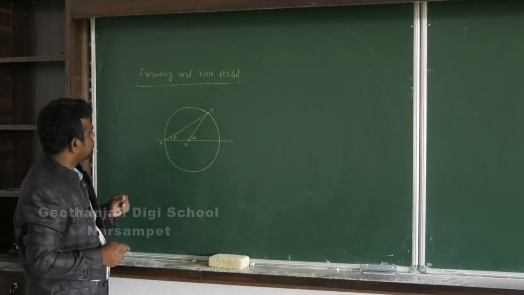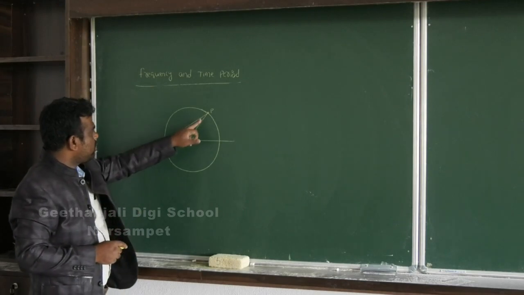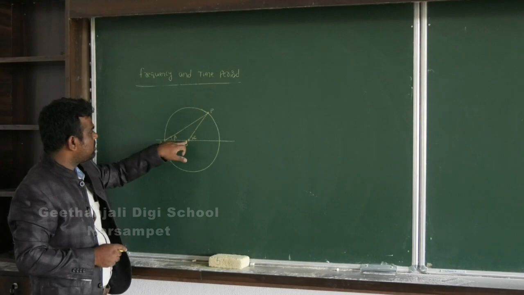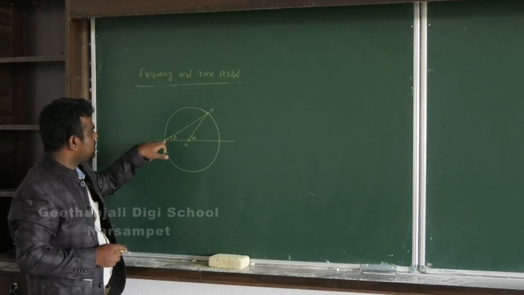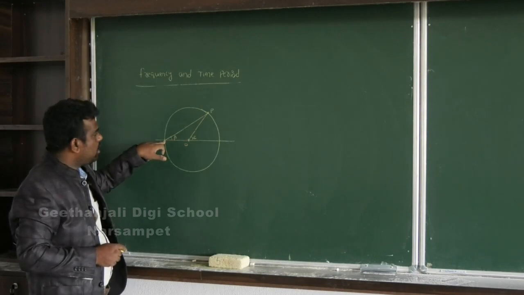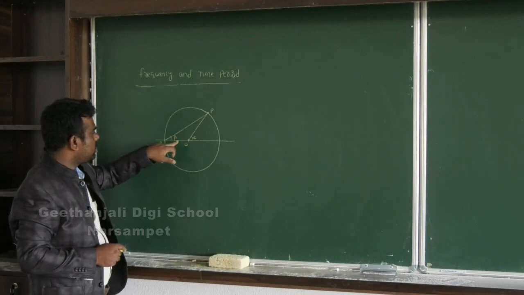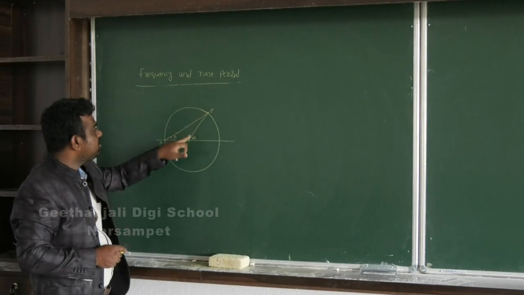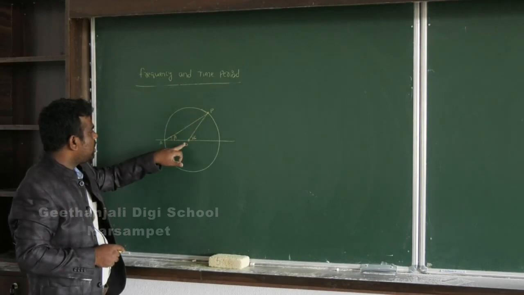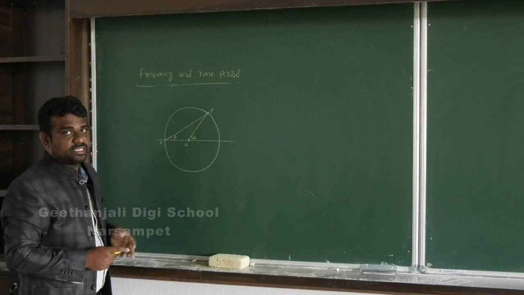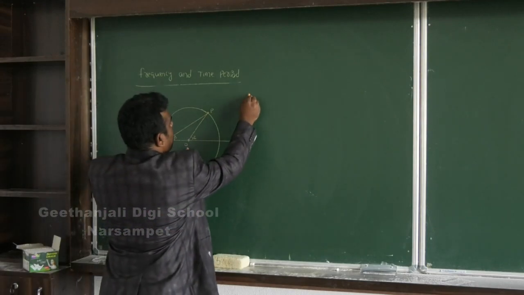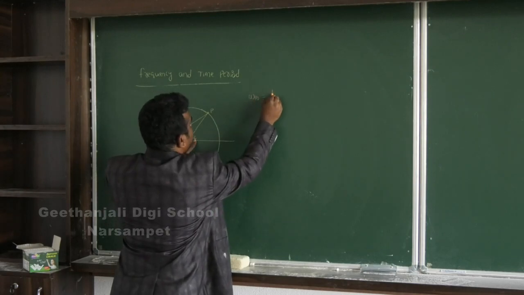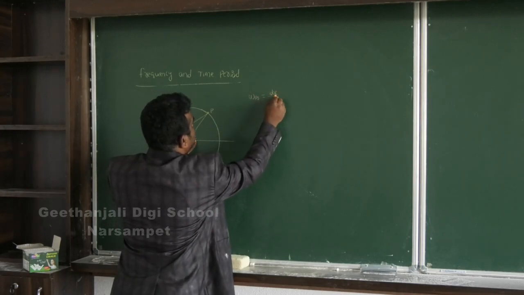I told you one thing. The angular velocity of this particle depends upon the choice of origin, meaning the reference point. Here the angular velocity of this particle P is different with respect to O and A. How is it different? Angular velocity of P with respect to O is equal to d alpha by dt.